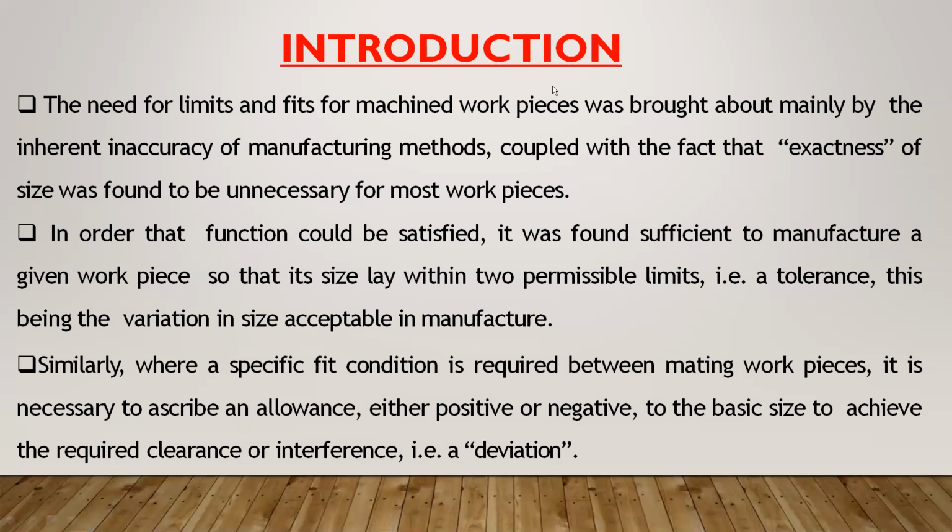For example, take the bolt and nut as the mating workpieces. Here it is necessary to ascribe an allowance, either positive or negative, to the basic size. It is used to achieve the required clearance or interference, that is called deviation. So a deviation may be achieved by a clearance or interference position only.